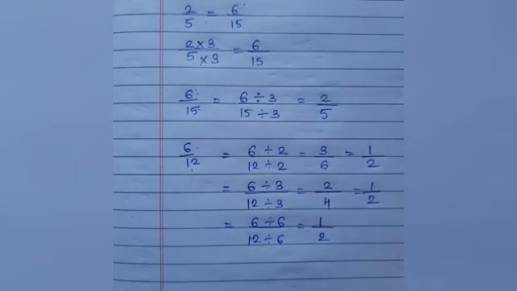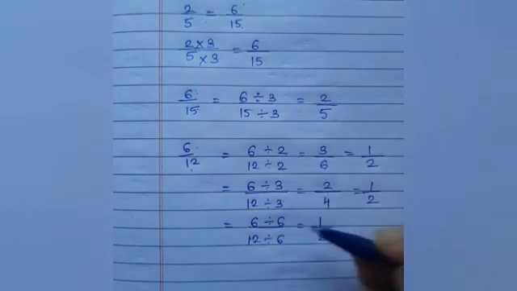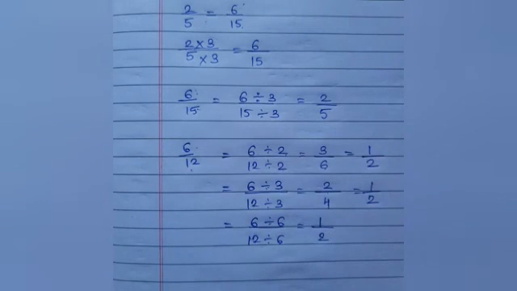Here we observe that all three examples got the same value, that is 1 upon 2. That is why it is called an equivalent fraction. This is all about finding an equivalent fraction. We will end our today's lecture. Thank you.